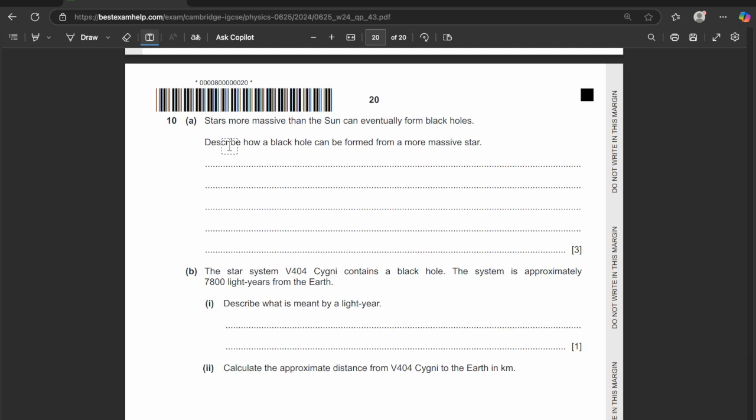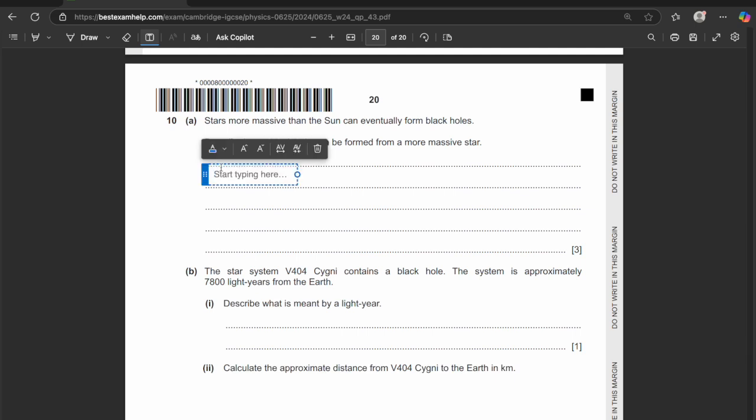For stars that are more massive than the sun, they will expand into a red supergiant, and eventually it will explode as a supernova. When that happens, there will be a core remaining inside, and if the core is bigger than about 3 solar masses, then it will become a black hole. Or if it's small, then it will become a neutron star. But now we are taking the route of a black hole.